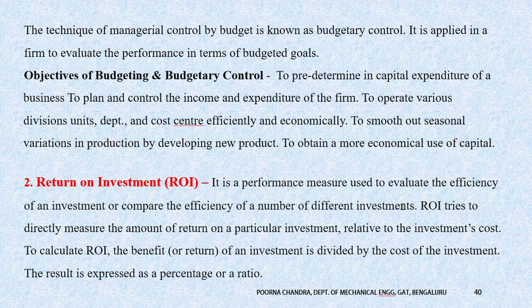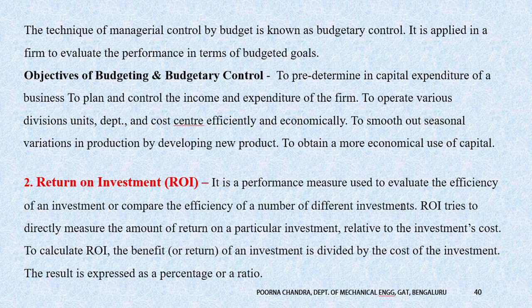And the next technique is return on investment, ROI. It is a performance measure used to evaluate the efficiency of an investment or compare the efficiency of a number of different investments. Return on investment tries to directly measure the amount of return on a particular investment.